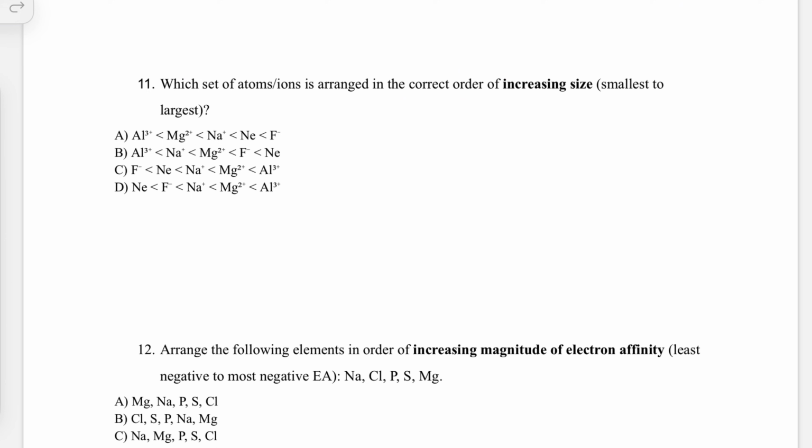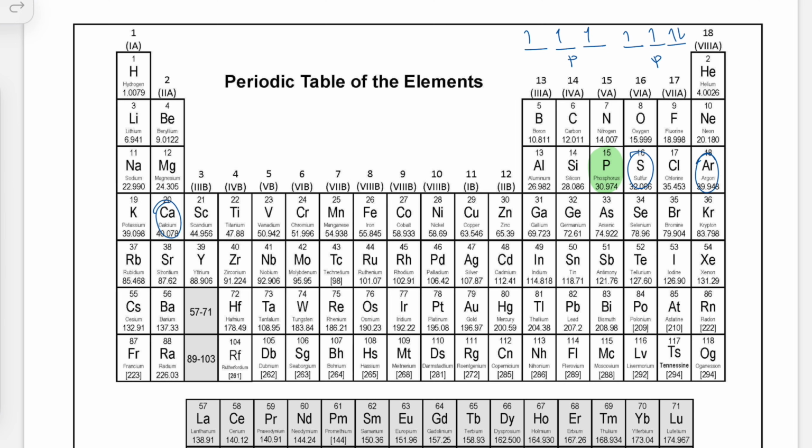Next, question 11. Which set of atoms or ions is arranged in the correct order of increasing size from smallest to largest? So these are the species we're looking at. It's all the same for each option. So let's go to our periodic table.